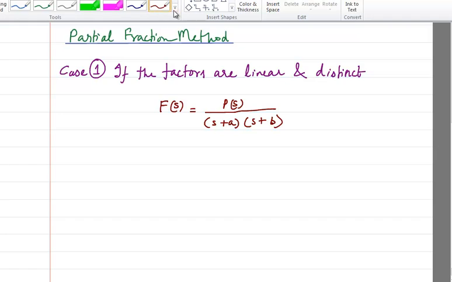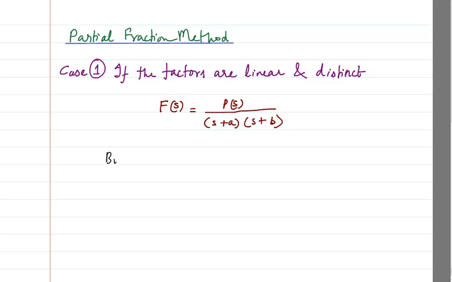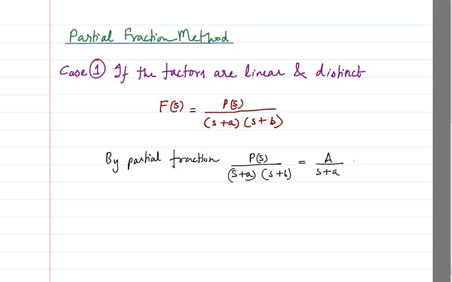Then what this is saying is, by partial fraction we can find that P(s) divided by (s plus a)(s plus b) can be written in the form of some value A in the numerator divided by s plus a, plus some value B in the numerator divided by s plus b.